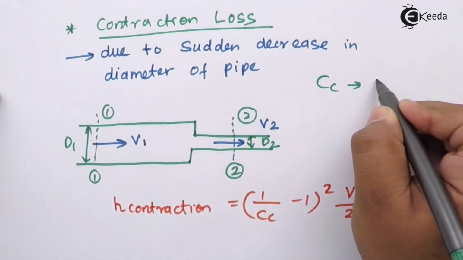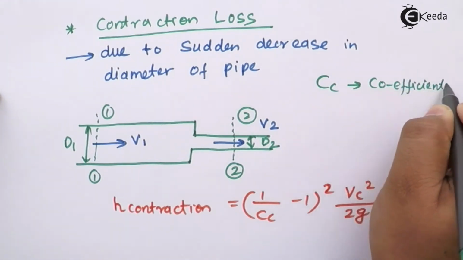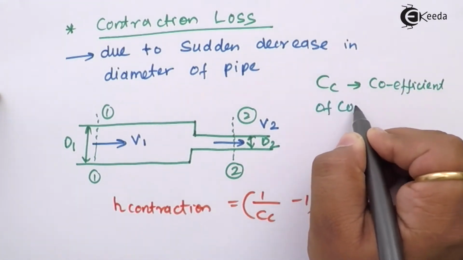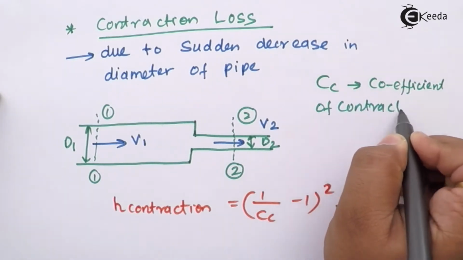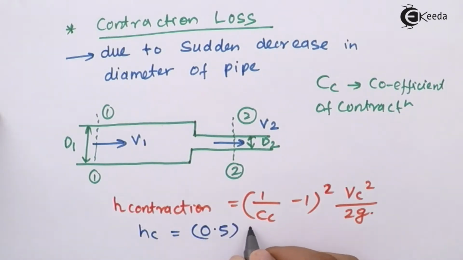So now we'll write this as coefficient of contraction. Now if the value of coefficient of contraction isn't given in the problem, then we consider HC, that is head loss due to contraction, is equal to 0.5 Vc square by 2g.